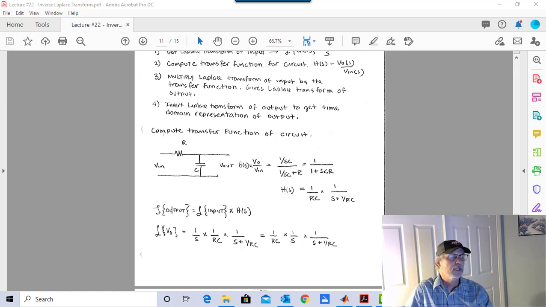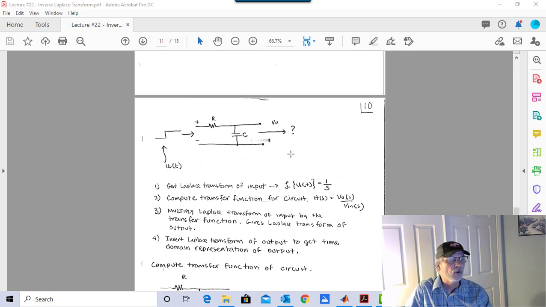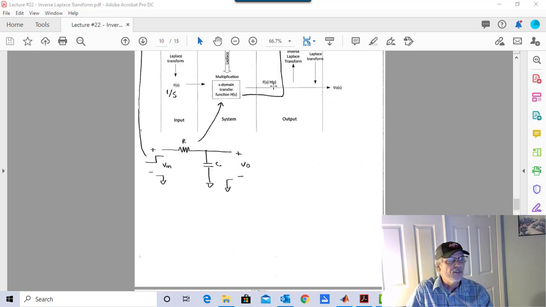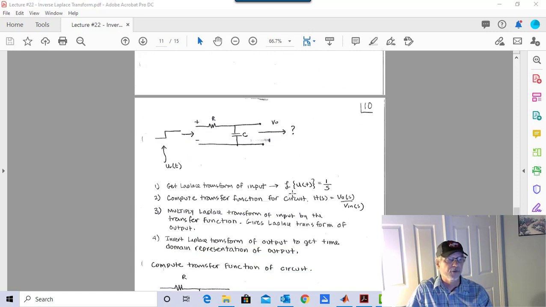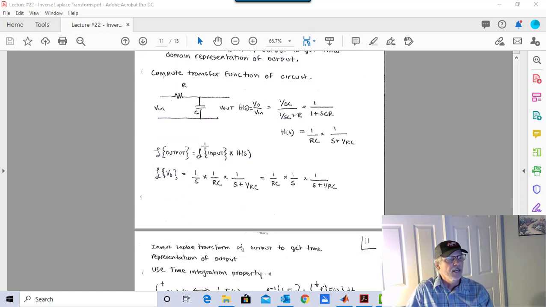The Laplace transform of the output is the Laplace transform of the input, 1 over s, multiplied by the transfer function: 1 over s times (1 over RC) over (s plus 1 over RC). Here it is right here.